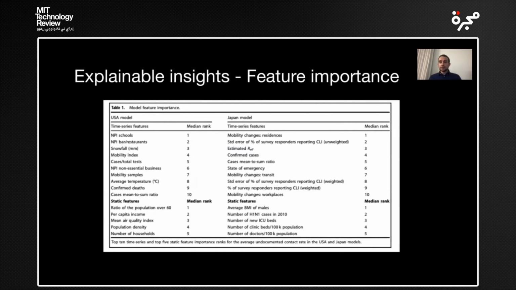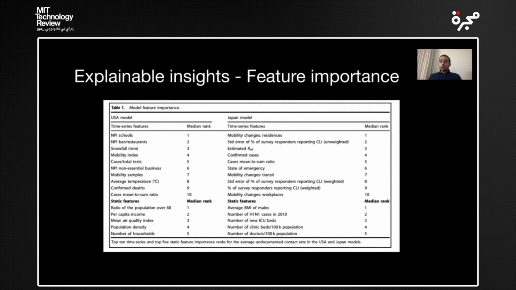And as the static feature, we see the ratio of population above 60. And for Japan, we see mobility change as the most important time series feature, whereas average BMI is the most important static feature. And we can confirm that most of these features are also highly consistent with scientific literature, and our model can find these just by learning from data.